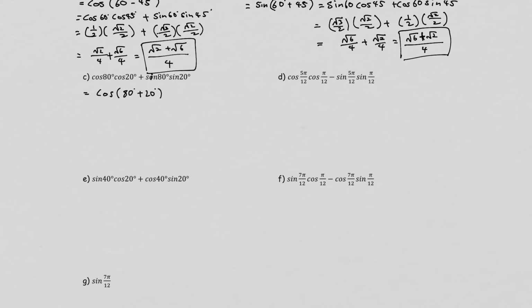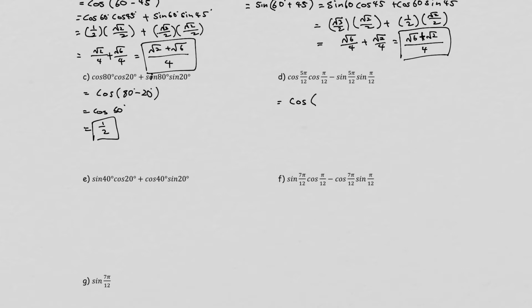Opposite, so we'll be subtracting, right? So let me erase that for a minute. It will be minus 20-degree. And this will give you cosine 60-degree. And we know cosine 60-degree is going to give you 1/2. This is another problem where cosine, cosine together, sine, sine together, that's the cosine formula.